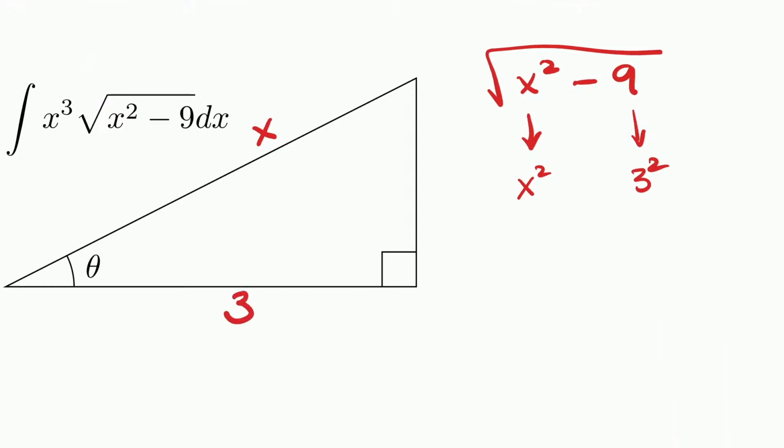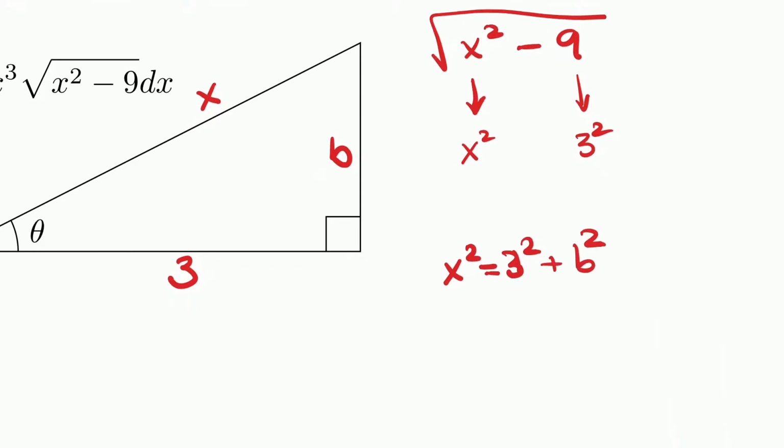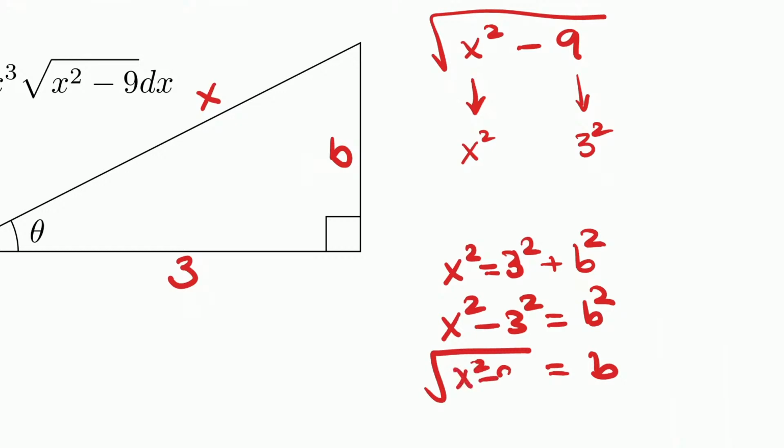If you pick the wrong one, you'll discover that when you start writing down the trig functions like we're about to do. So I'll put the 3 there, and then I think through, if this was the Pythagorean theorem, what would that side be? Well, I know that x squared is going to equal 3 squared plus whatever that side is, squared. Then I can solve for b. So x squared minus 9 is equal to b squared, which means b is equal to the square root of x squared minus 9.